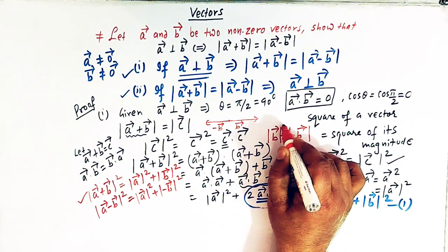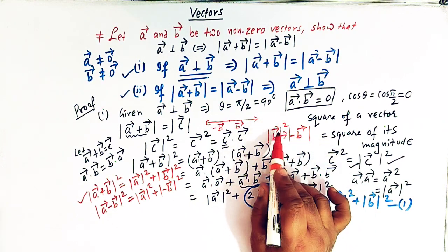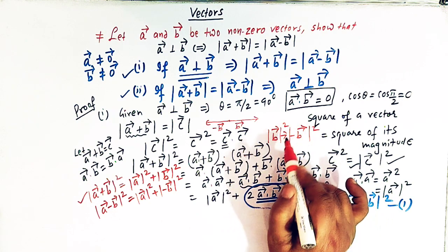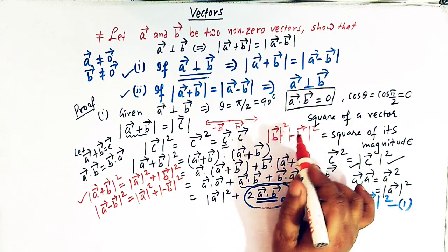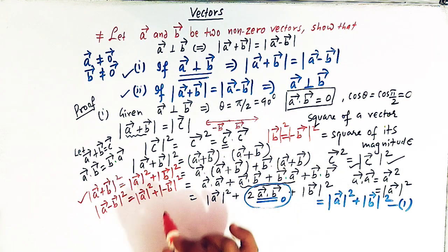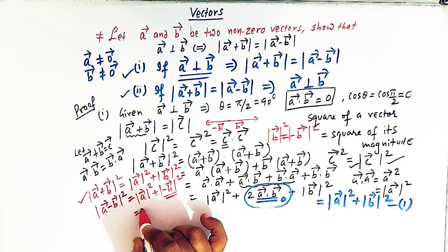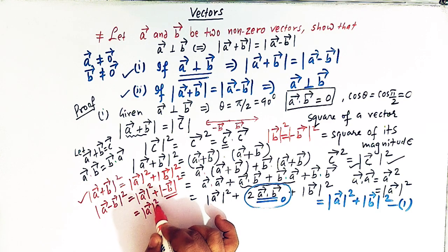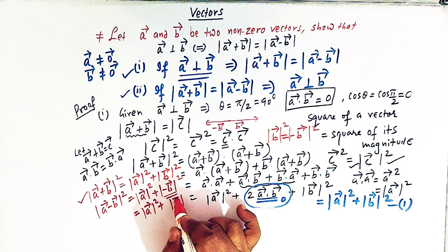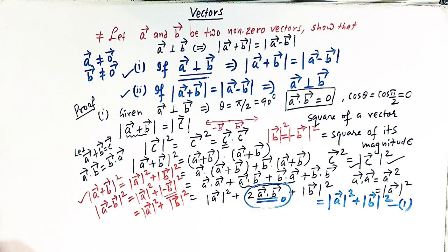So the square of the magnitude of vector b is equal to the square of the magnitude of negative of vector b, right? So this term is now equal to the square of the magnitude of vector b, right?